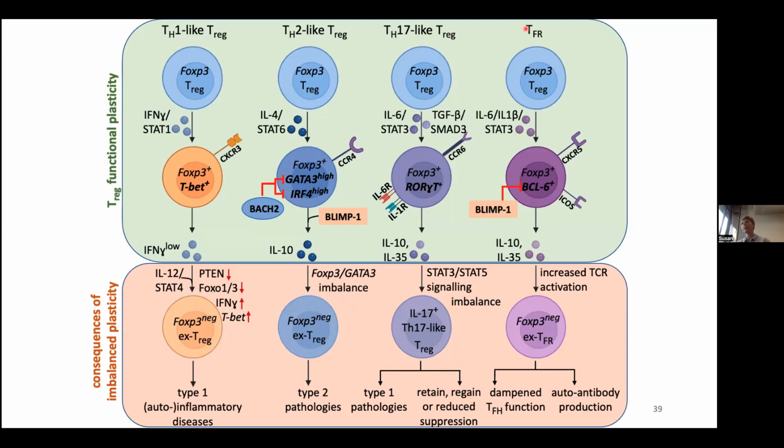And TFRs are a great example for instability, because the Treg that express BCL6 and migrate via CXCR5 into the germinal centers receive so much signaling, it's really overwhelming the cells, that between 20 and 30% of the TFR actually lose their Treg fate. We don't really know whether this has any negative consequences, but it's quite impressive.